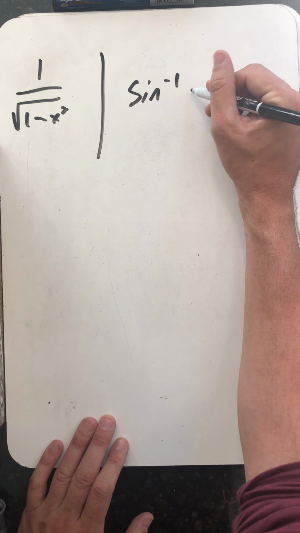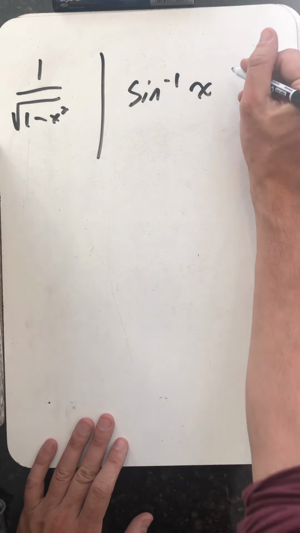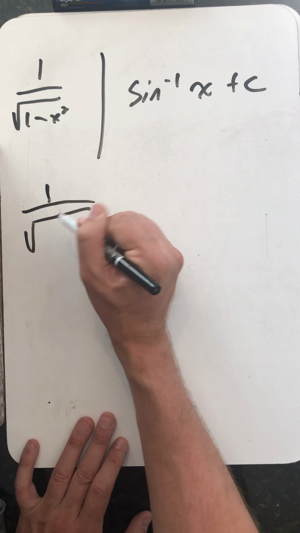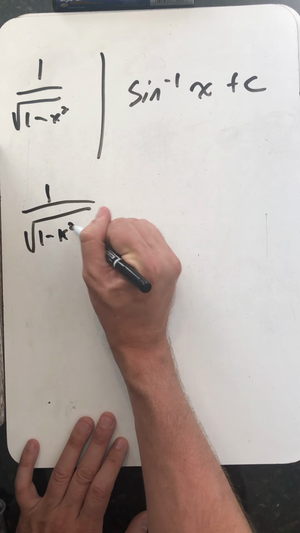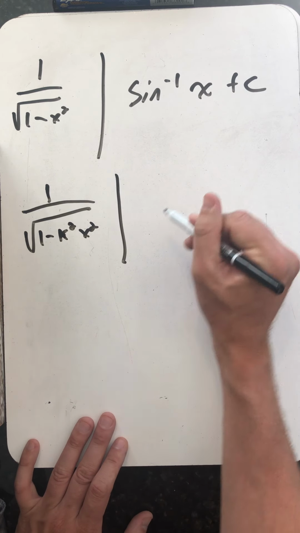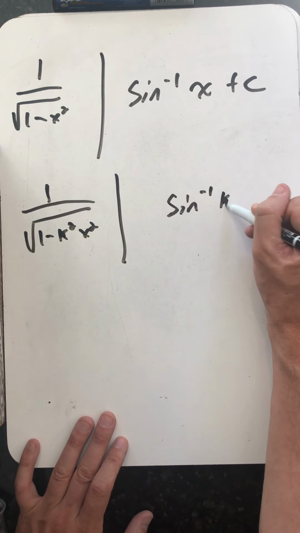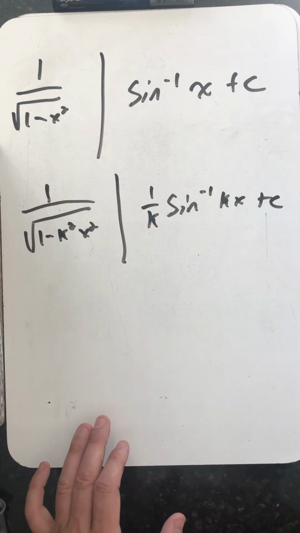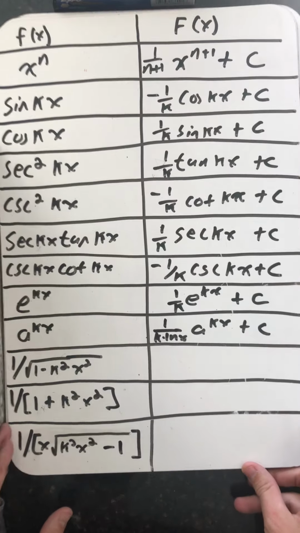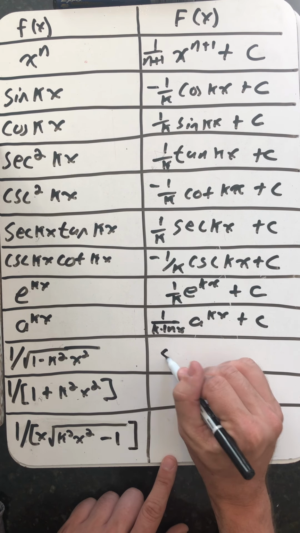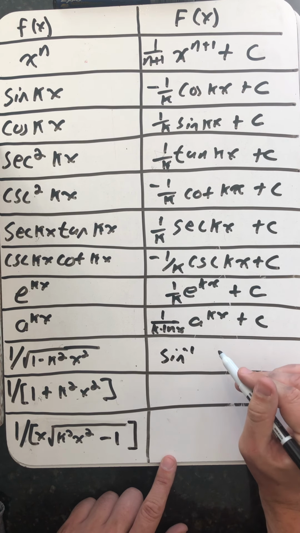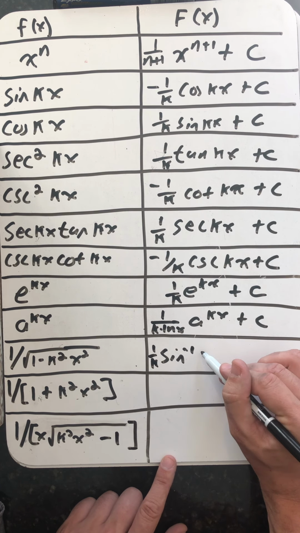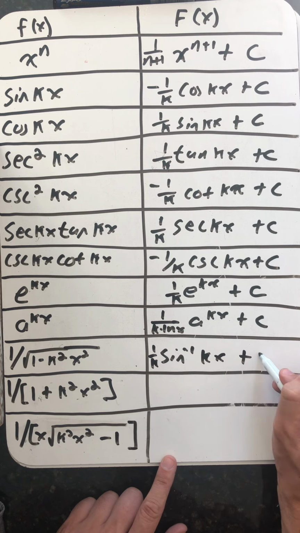That's the derivative of inverse sine. Well, replacing x with kx gives me this, which means my formula would need a kx in it and a 1 over k: 1 over k sine inverse of kx plus c.